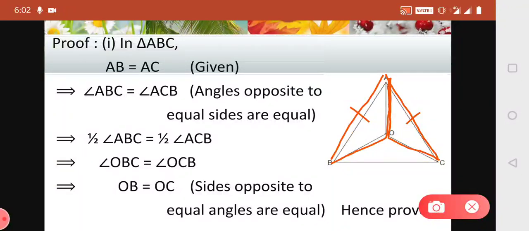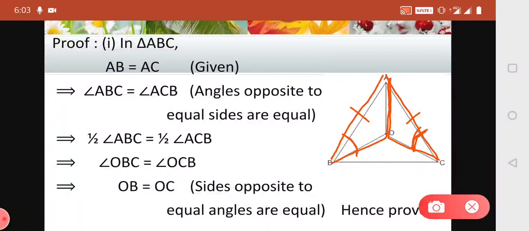Similarly, what we have done in proof number 1, now half of angle ABC will be angle ABO, and half of angle ACB will be angle ACO.